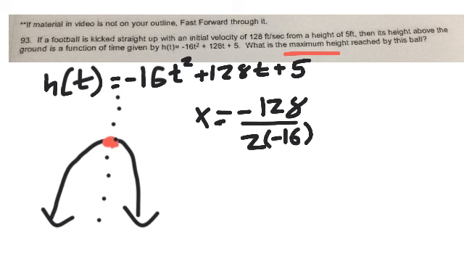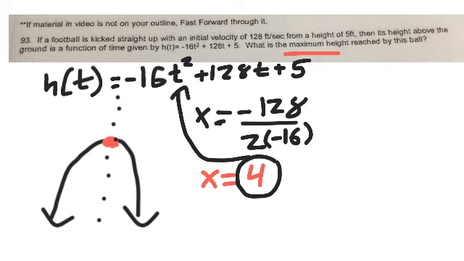So that is -128 divided by -32. So that should give us 4. So that means after 4 seconds, and again, I should be using t's instead of x's. It's the same difference. T's for time. After 4 seconds, the football reaches its maximum height.